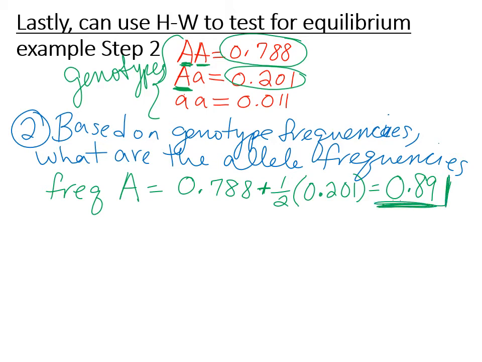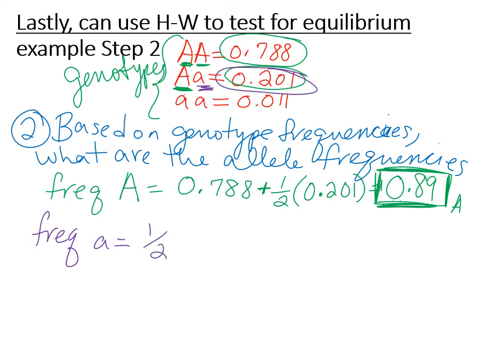Okay, so we circle, star, highlight that number. That's for capital A. And then we need to calculate the frequency of our second allele, which again is half of the heterozygous, plus the whole homozygous recessive.